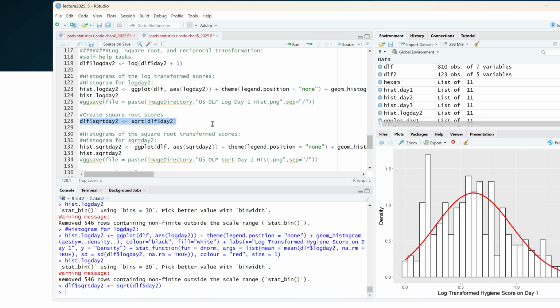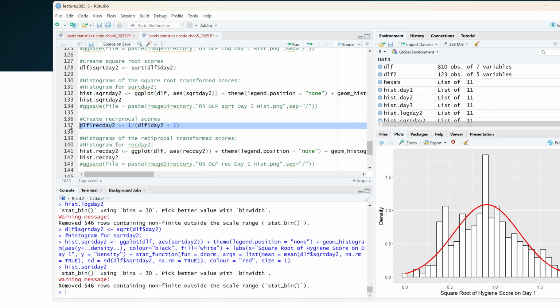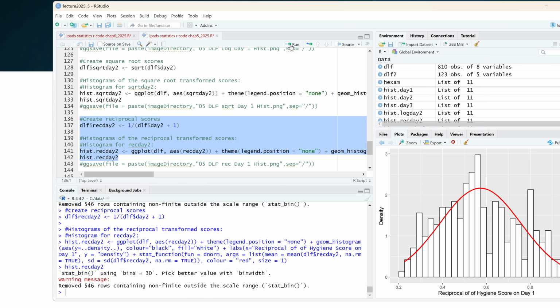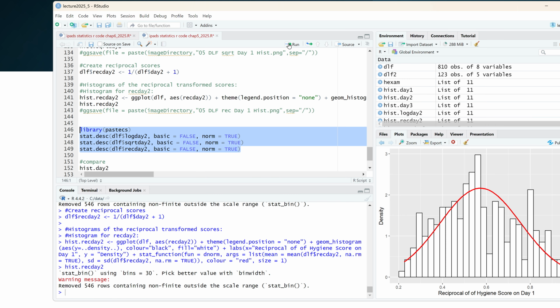The square root case is like this. This is much better than before. The reciprocal case is here. It is also better. We can get the statistical test results for the log case, square root case, and reciprocal case.